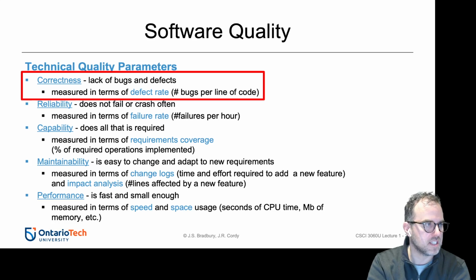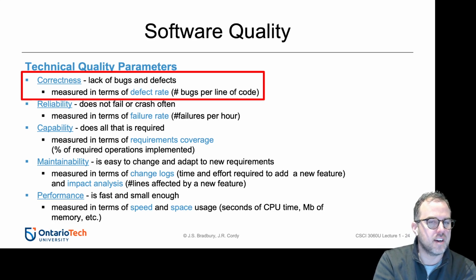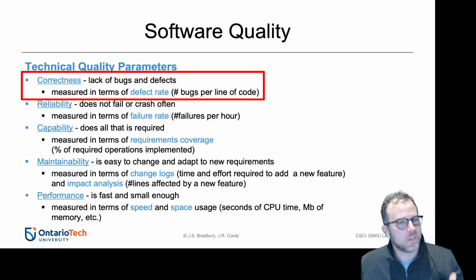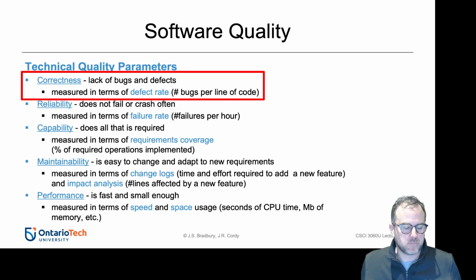So we've seen this in the aviation industry. We see this in the autonomous vehicle industry, right? So bugs and defects, they are things that are inevitable. Every software system has them. The question is, how many do they have, and what's the likelihood of them actually occurring?